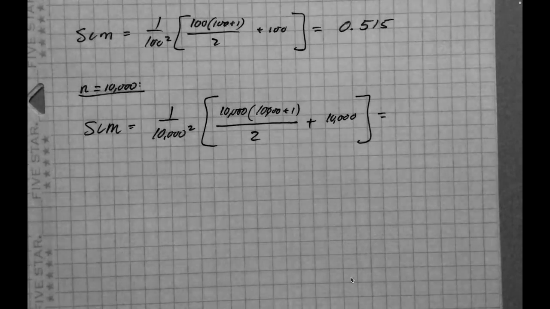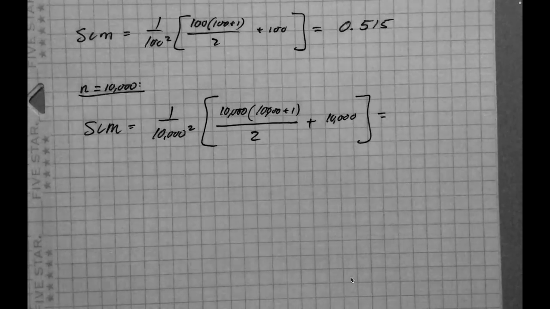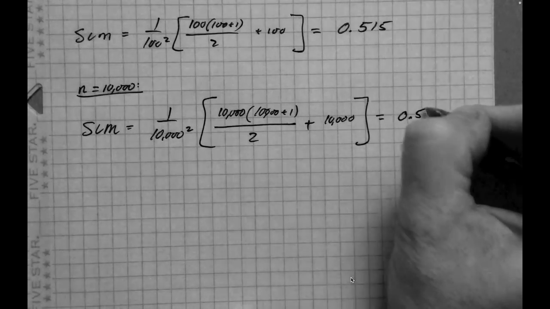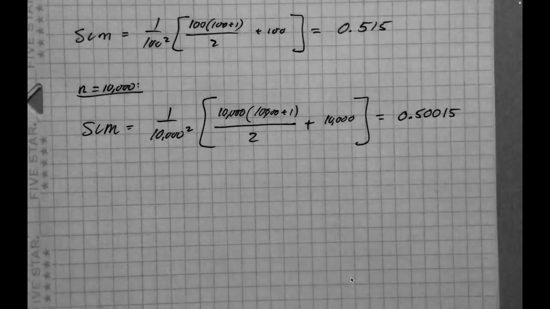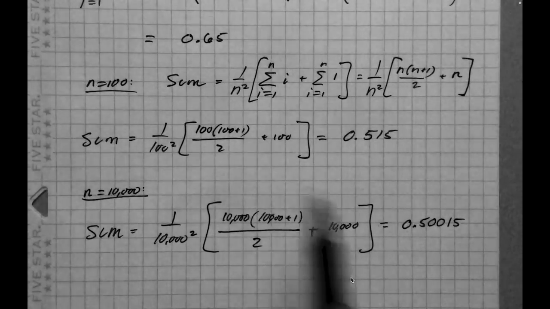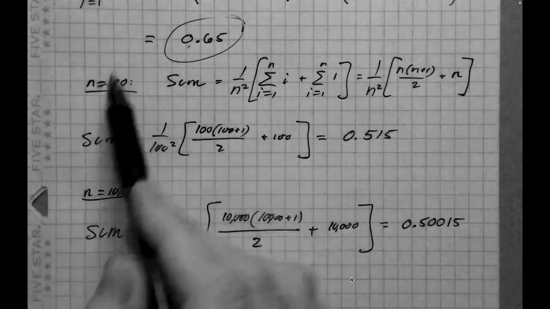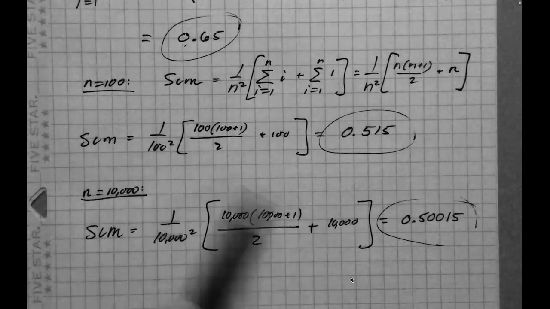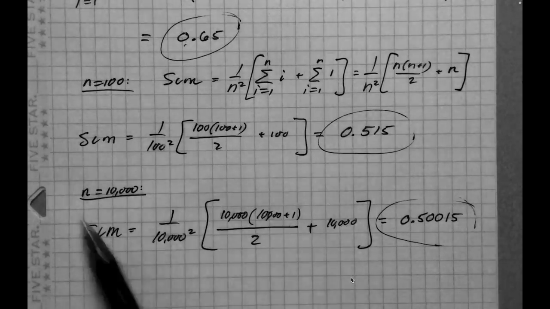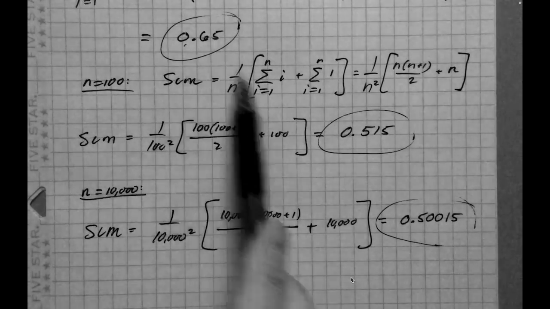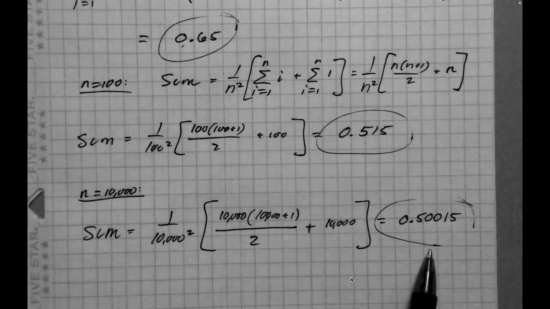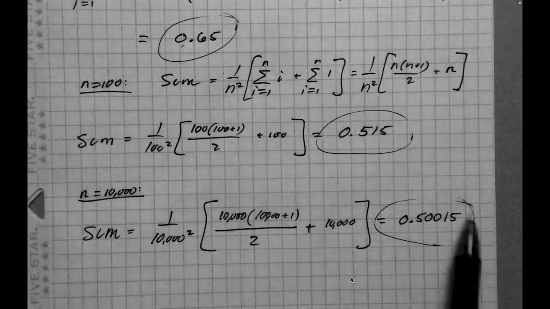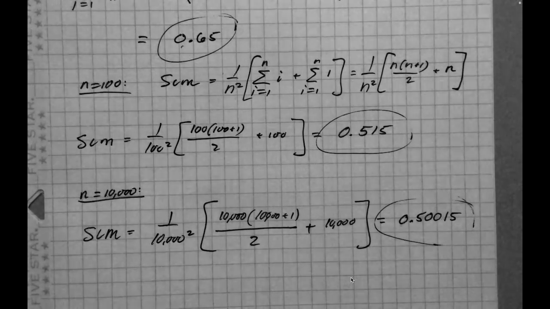When you crank these numbers out, you get 0.50015. Interesting: as n increases very dramatically, the values of the sum do not change dramatically, relatively speaking, but it looks like these sums could possibly be converging to 0.5.